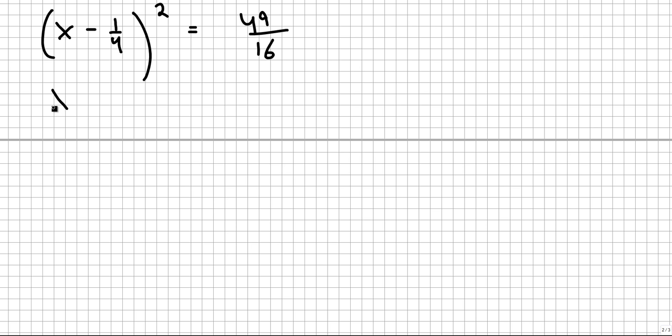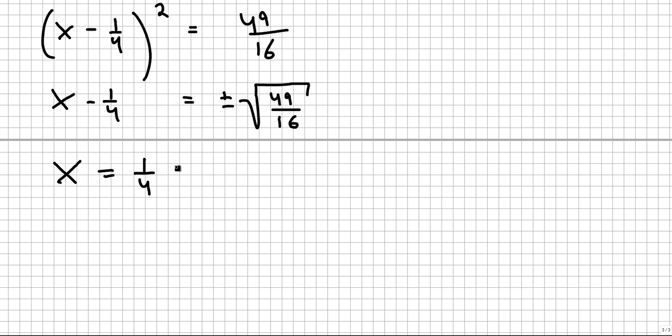Then we get x minus 1 over 4, and we end up with plus minus the square root of 49 over 16. We would like to have x alone on the left side, so I'm going to move minus 1 over 4 to the right side. Then we end up with 1 over 4, and we still have plus minus.